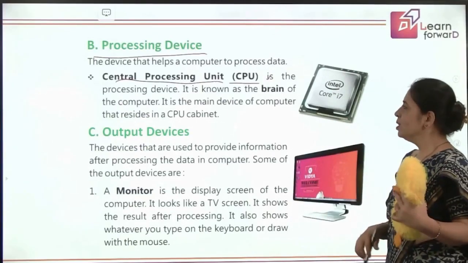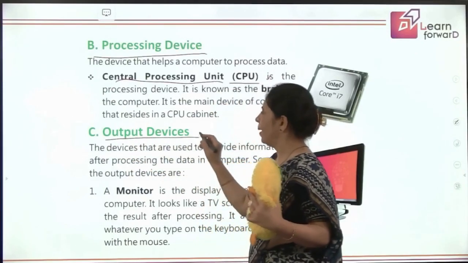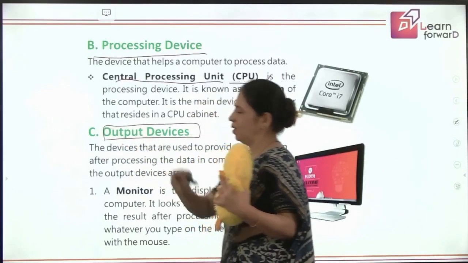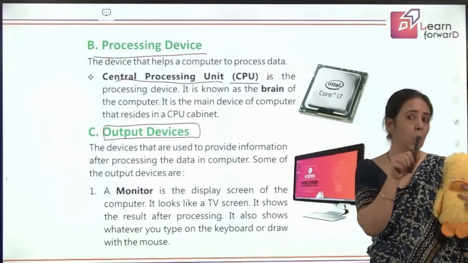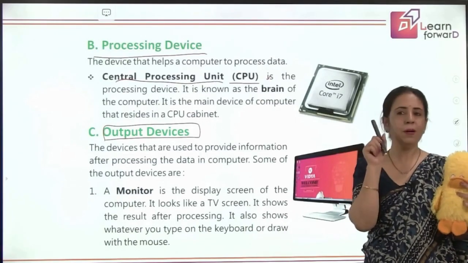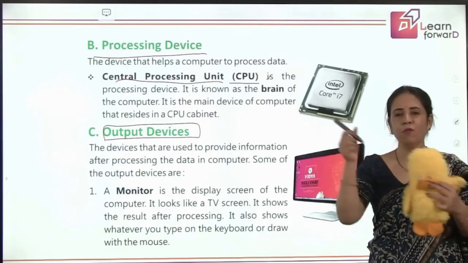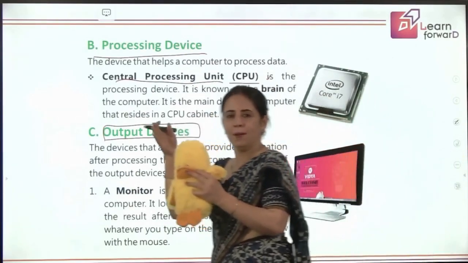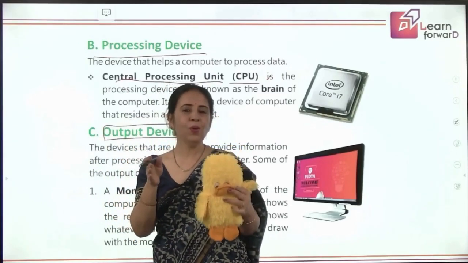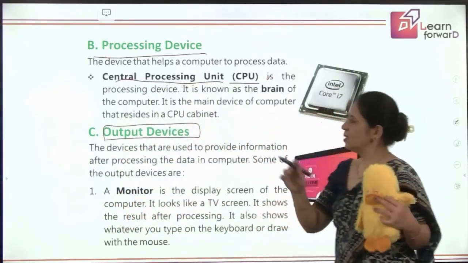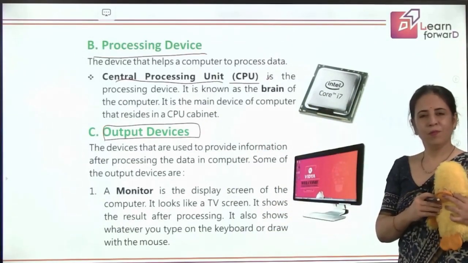Great. So moving ahead, we take the next topic, that is output device. So when we studied about IPO in the previous lesson, you remember? Input, processing and output. So first we have learned about all the input units, correct? Then we talked about the CPU, and the third thing, that is output device, we are talking about it now. Perfect.